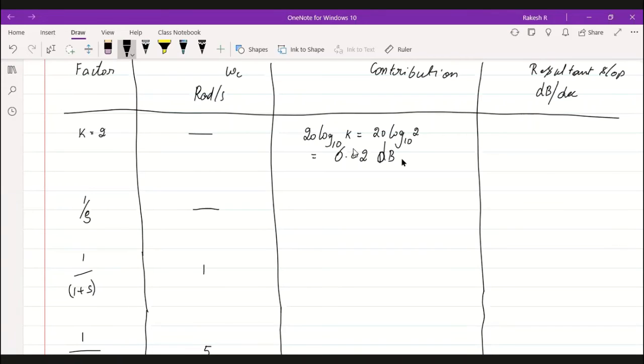This will be in terms of dB, decibels. Now see here, resultant slope. This is the contribution here, 20 log k. For this, what you need to do is draw a horizontal line.